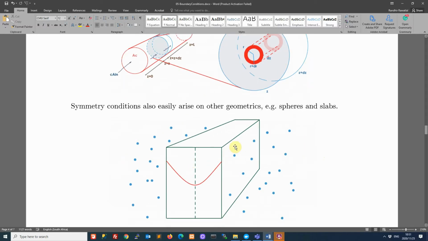Even if we have rectangular geometry, so let's say we have a slab like this, that's immersed in some kind of fluid, and we've got the same concentrations on both sides, we can easily imagine that a concentration gradient may develop like this. So there is some non-zero flux that's going on, but near the center, it's looking the same in both directions.